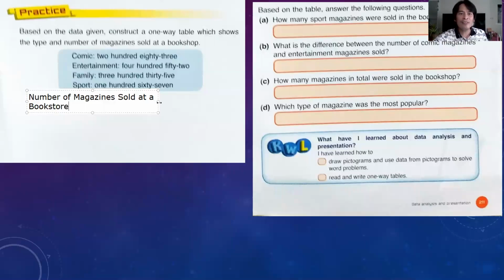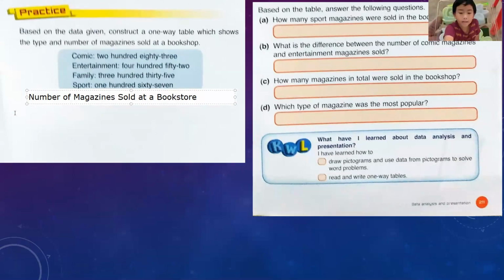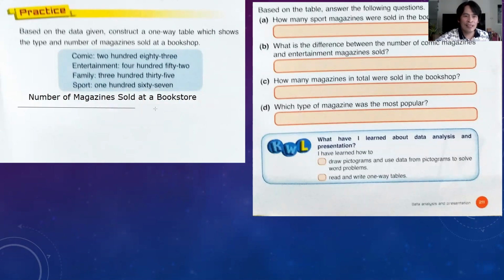Okay, Proton, are you tired? If you're tired, you can memorize what I am writing right now, and then you can do it later. Get your pencils if you are not tired, and then write the title. And then next is the row. You have to draw a row like this.